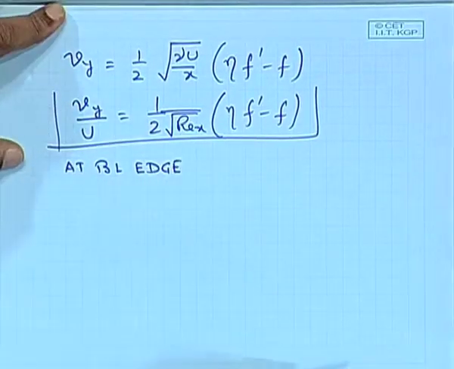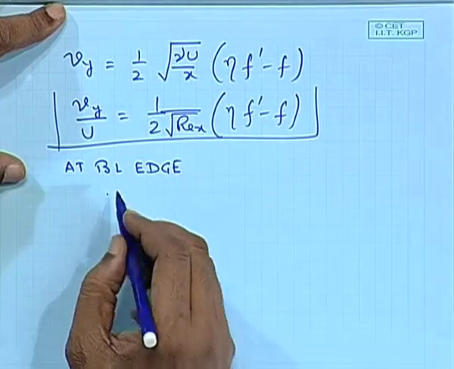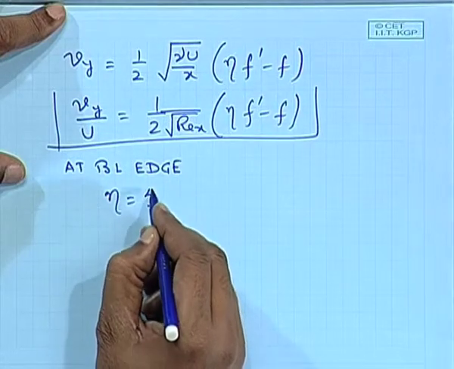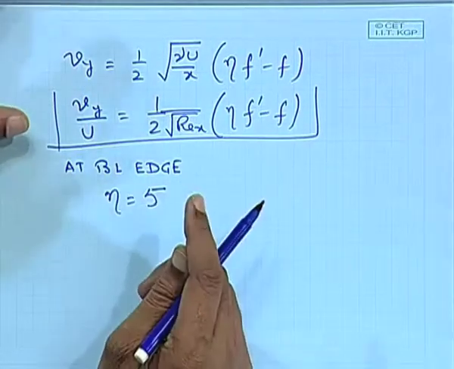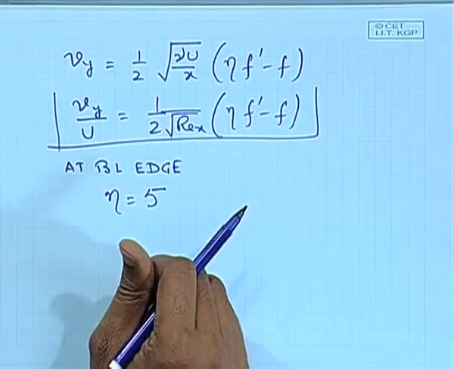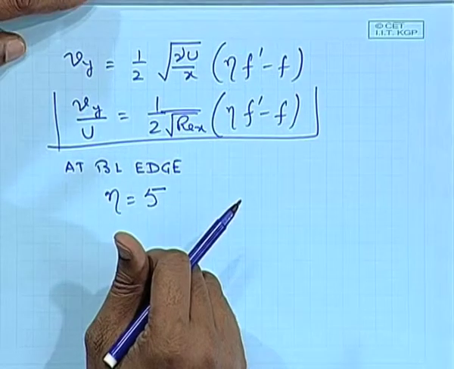If it is at the boundary layer edge, that means you have to evaluate it at which value of eta? Eta equals y equals delta, that means at eta equals 5. Because at the edge of the boundary layer, we have seen from before that f prime is equal to 0.99, and f prime is Vx by u. So, that happens at eta equals 5.